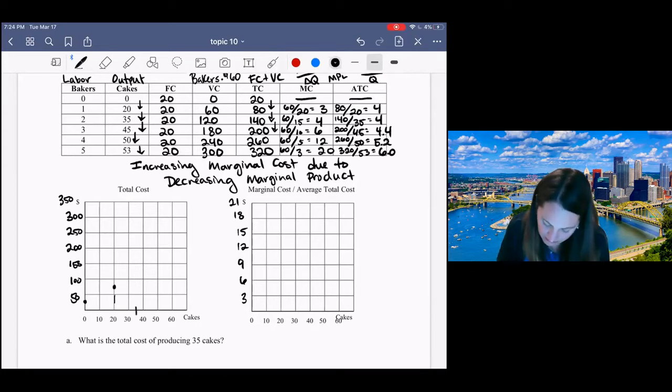Then we've got 35 cakes for a total cost of 140. 45 cakes is 200. 50 cakes is 260. 53 cakes is 320.